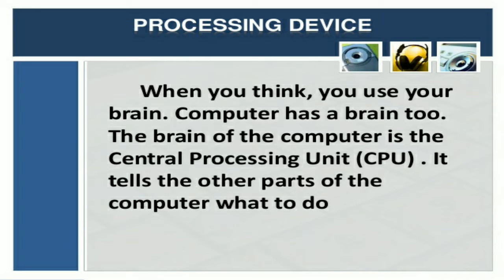The brain of the computer is the central processing unit, the CPU. CPU is the center or brain of the computer, and its full name is central processing unit. It tells the other parts of the computer what to do.